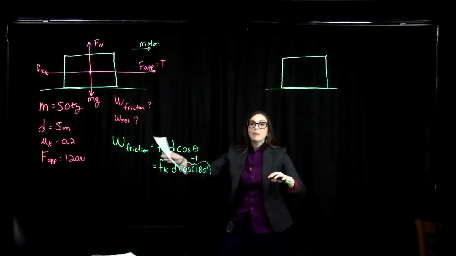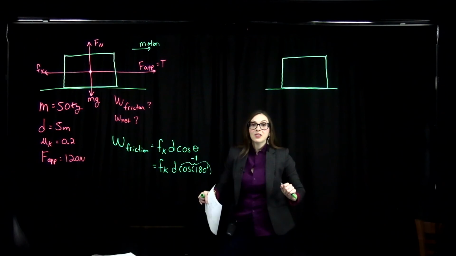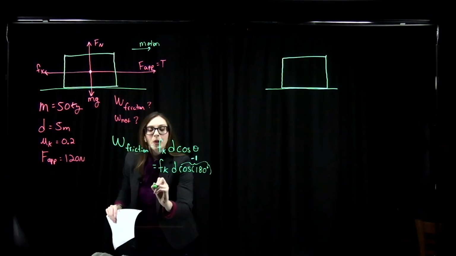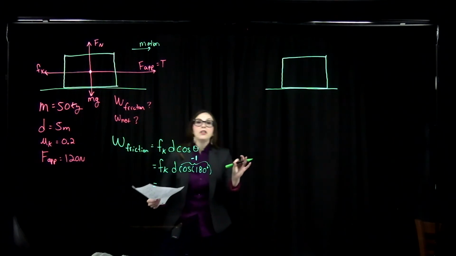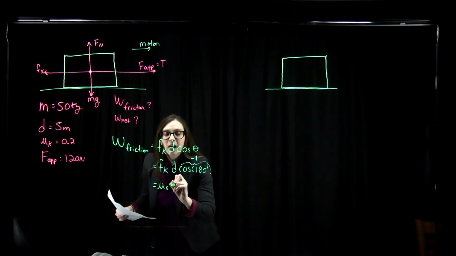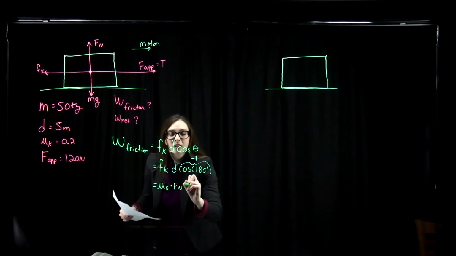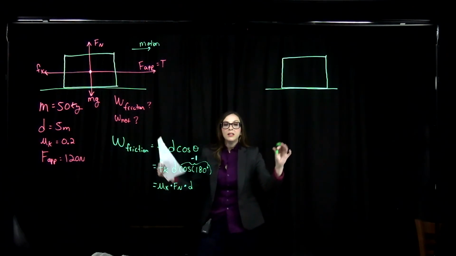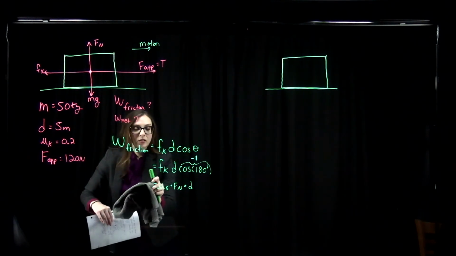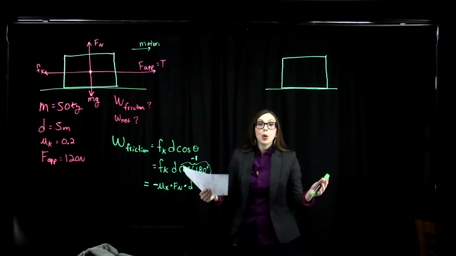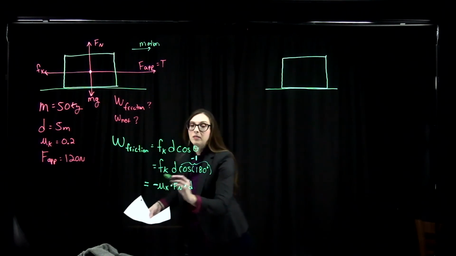The work that friction does is essentially removing energy from the system. Remember, our force of kinetic friction is always our coefficient of kinetic friction times the normal force. Then we times our distance, and our cosine of 180, that's -1. So actually this whole expression has a minus sign. This work done by friction is opposite our direction of motion. That's why we've got this minus sign here.